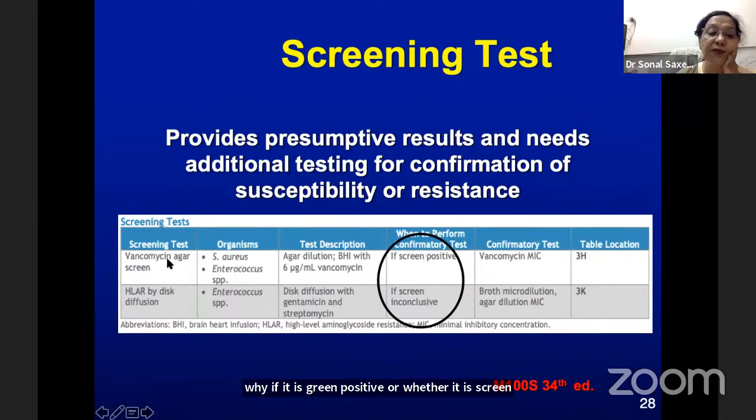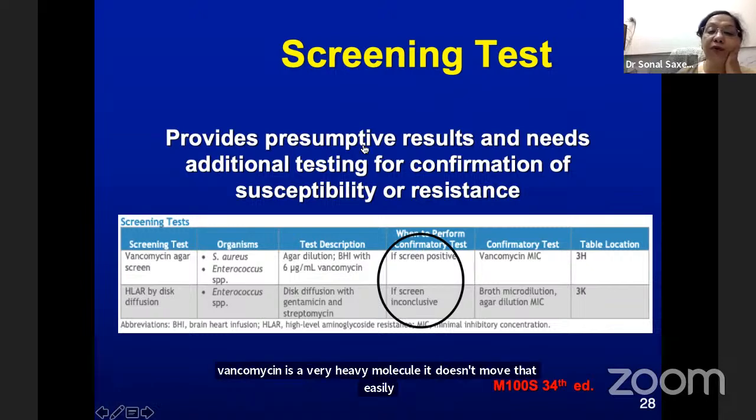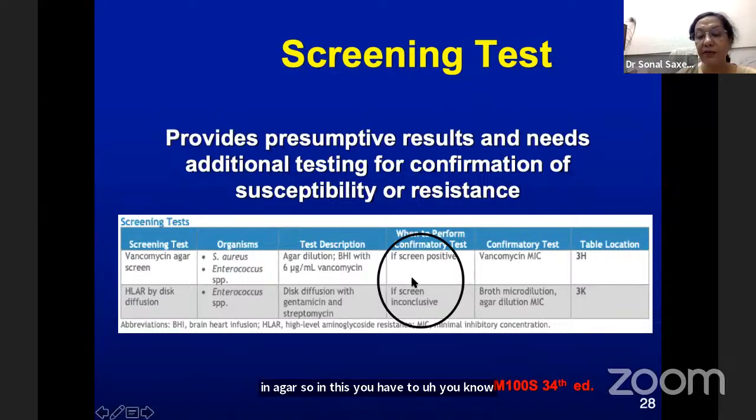But if the screen is positive, vancomycin is a very heavy molecule. It doesn't move that easily in agar. So you have to test it by confirmation. So why this MIC below can be missed.